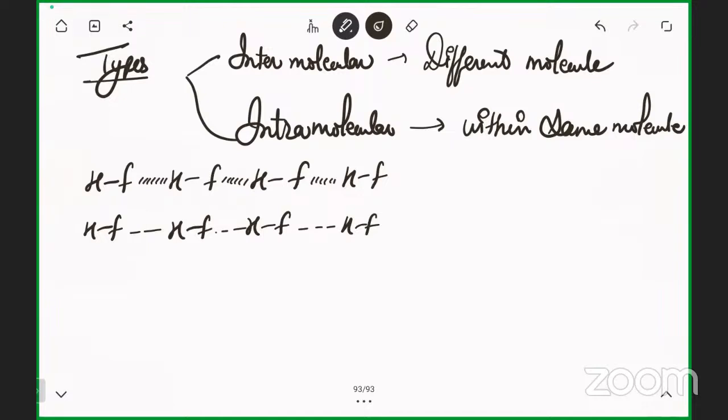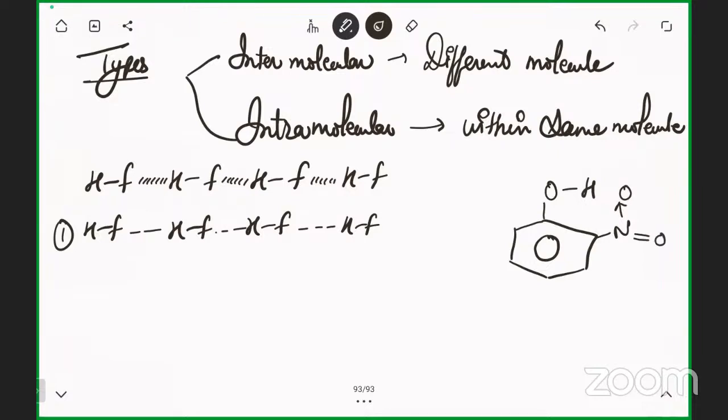So now I'm giving one example. The second example is orthonitrophenol. See, this is benzene. Above benzene, if OH is present, we say it is phenol, and then nitrogen with one oxygen and a double bond to O. Now this hydrogen will attract the oxygen.